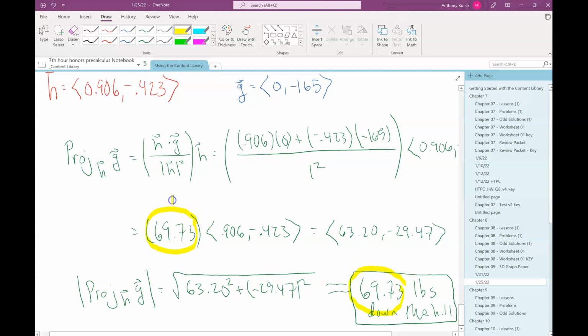I see that number here. What is that number the same as? It's just the dot product.